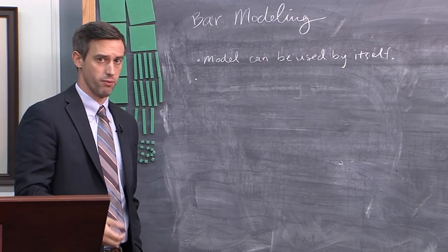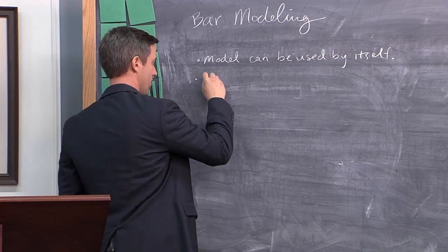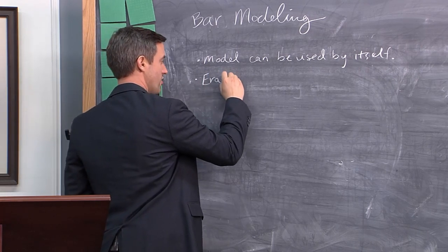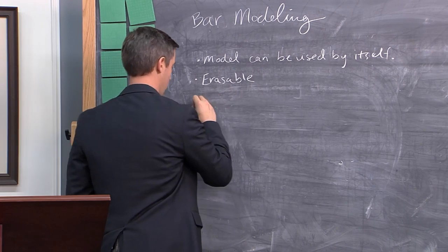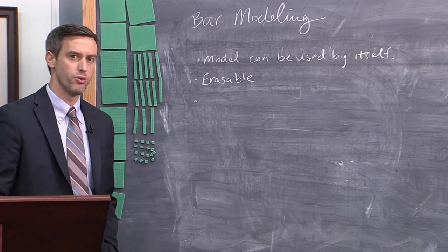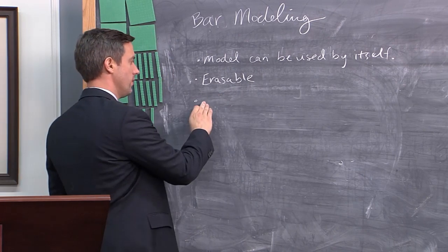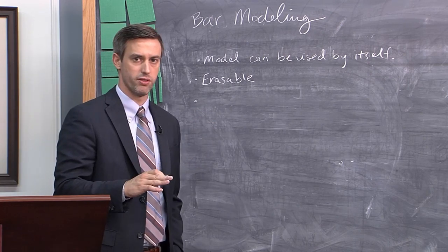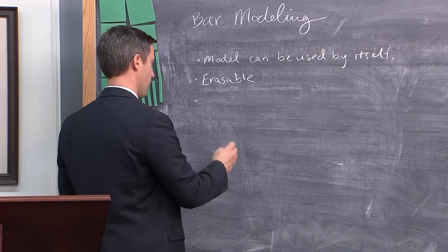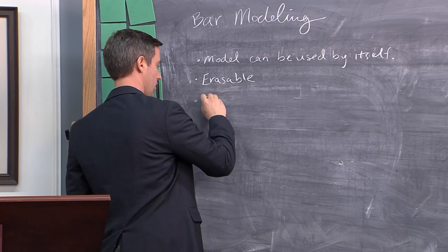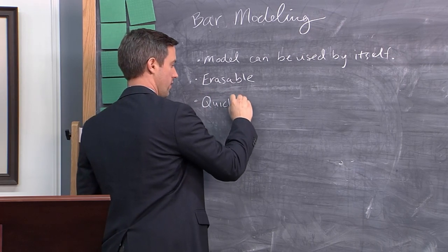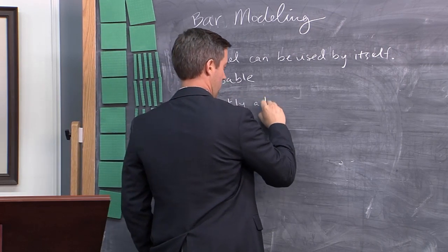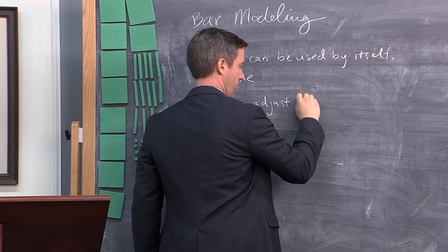Another point, it's erasable, which is really nice. You can change it as you need to. A third point, you can make adjustments and use the bar model for all it's worth. So you can quickly adjust the problem.